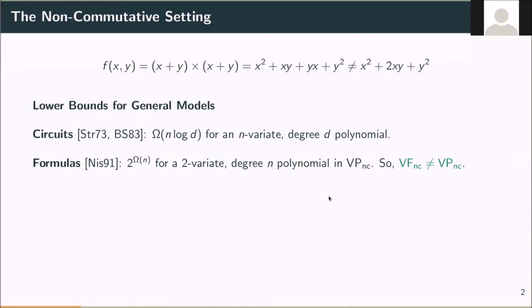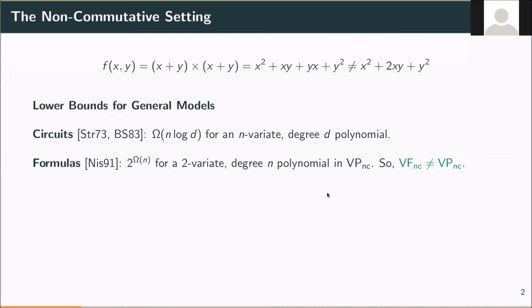So what this actually shows is that in the non-commutative setting, VF and VP are different. So VF is a strict subset of VP, and that is something which is proved in the non-commutative setting, and people expect it to be true in the general setting as well, but it hasn't been proved.